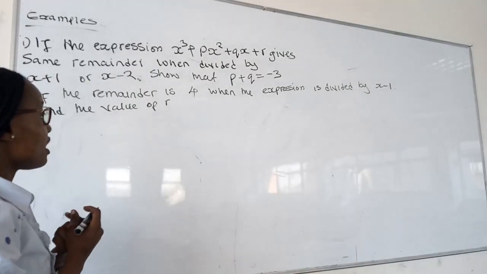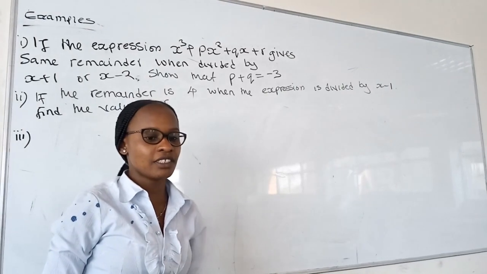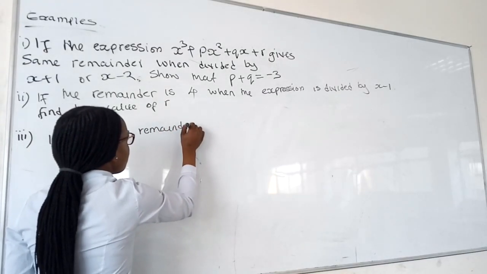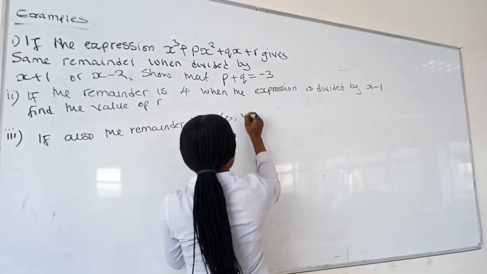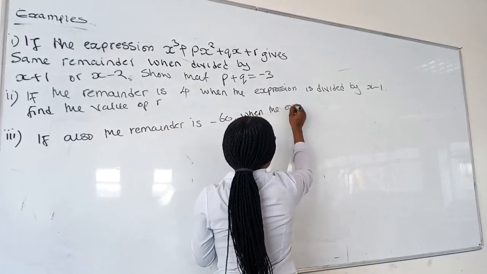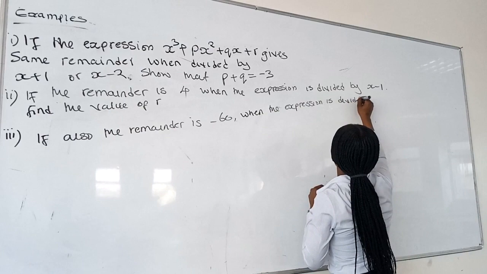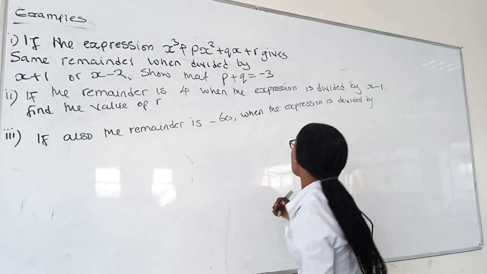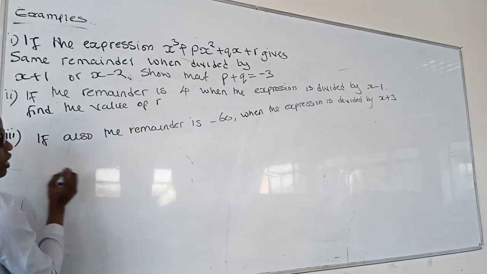Then we're also going to write the third question, that which we've been asked. And the third one is saying that if also the remainder is negative 60, when the expression is divided by, let's say, x plus 3, find the value of p and q.